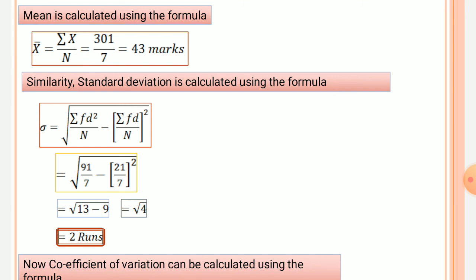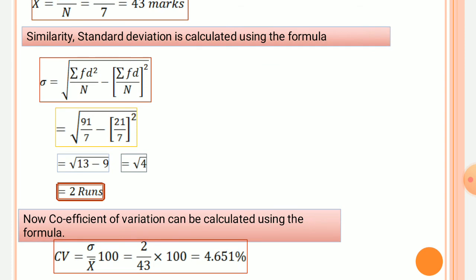Now root of 91 by 7 minus 21 by 7 whole square. So root of 13 minus 9 is equal to root 4. Therefore, sigma is equal to 2 marks.